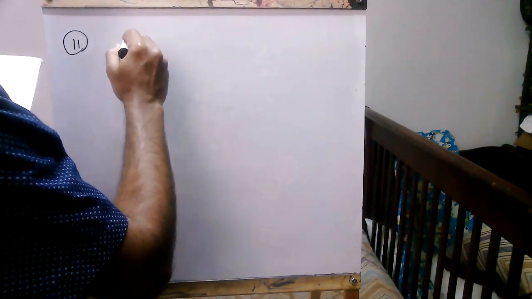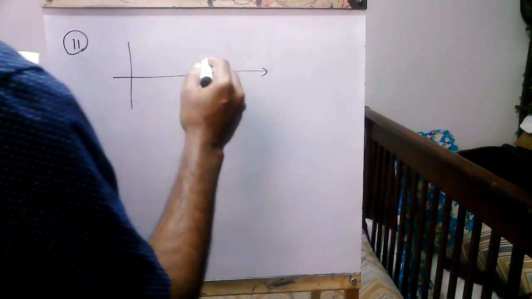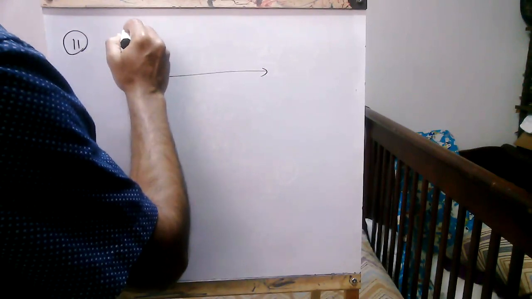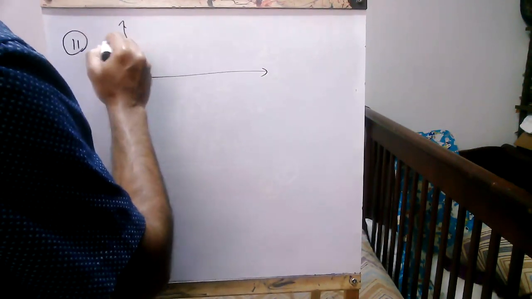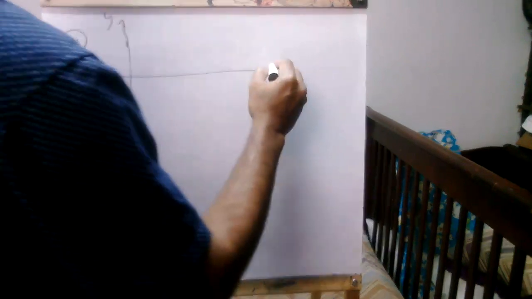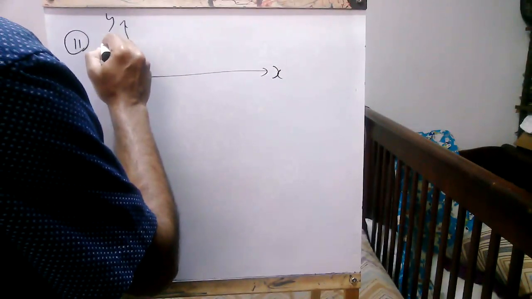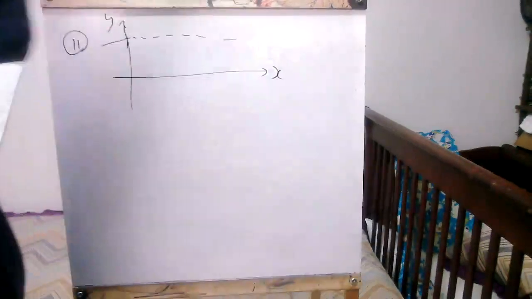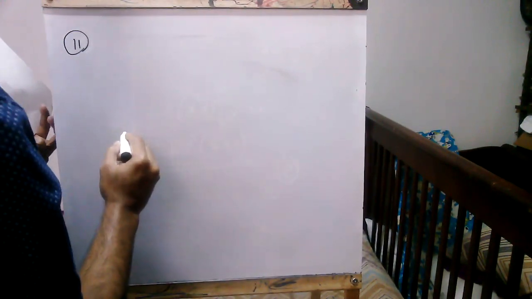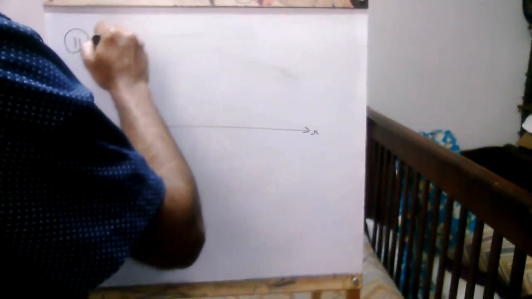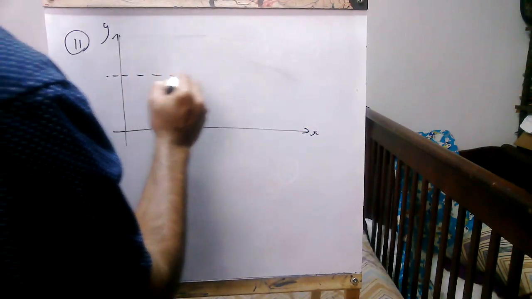If I describe this question a little bit, this is y, this is x, and this is y equals 2.